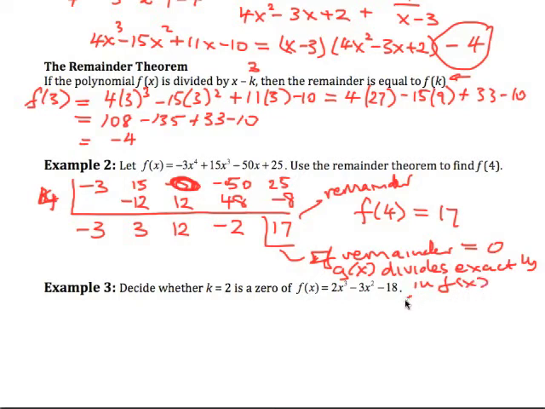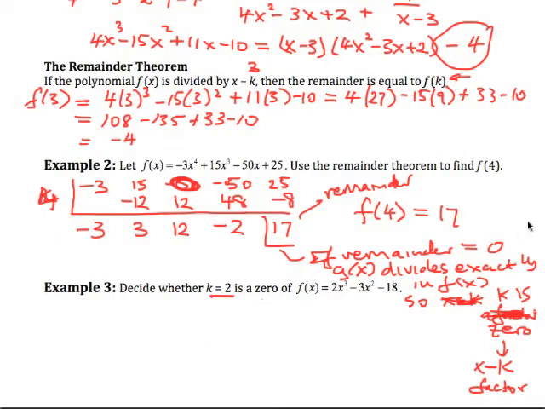And so this k is a zero, and this will lead to x minus k being a factor, which we're going to talk about as the factor theorem next. So let's have a look and decide whether k equals 2 is in fact a zero.